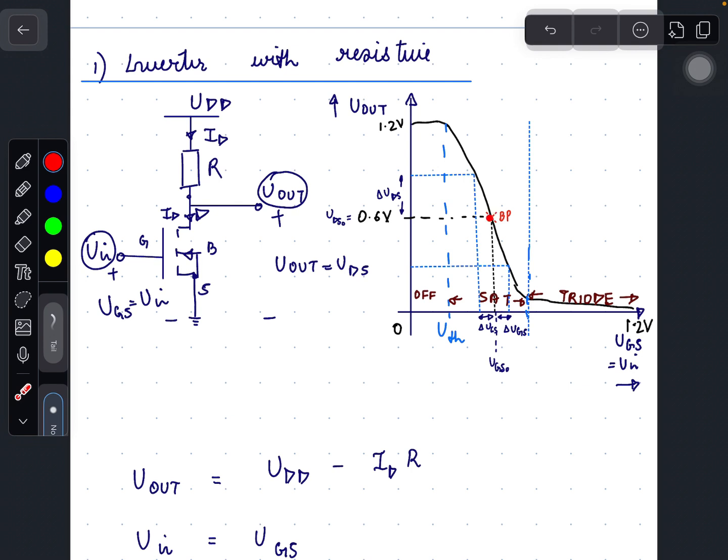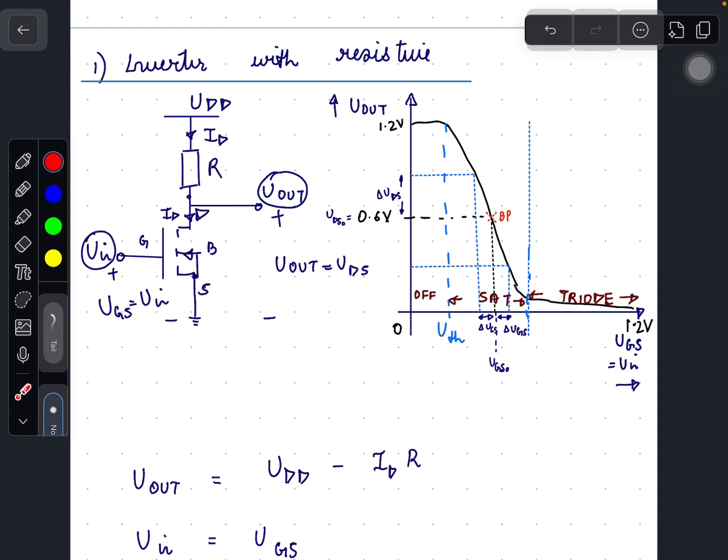So this is the bias point. For a certain UGS0 and a certain value of R, the output voltage will be at UDD by 2, that is 0.6 volts. So by setting the R value and the UGS value, we are setting the ID current. So we can bias or set the output voltage Uout to be at 0.6 volts.